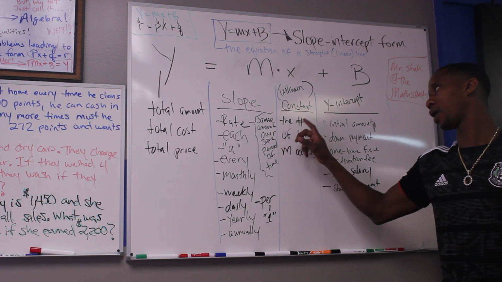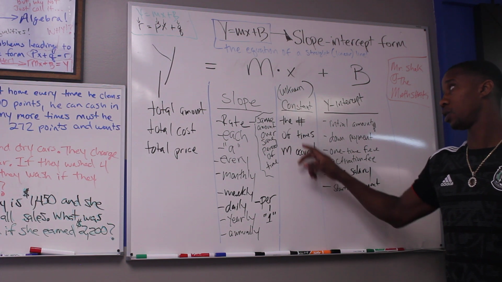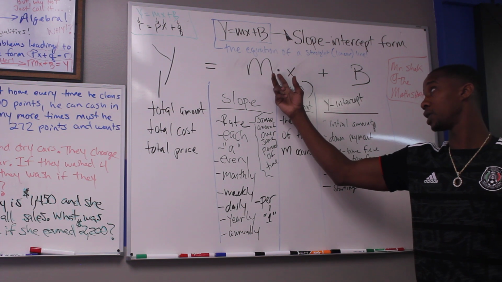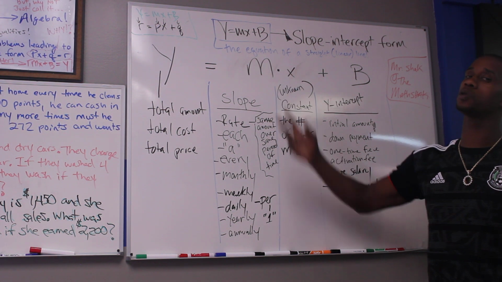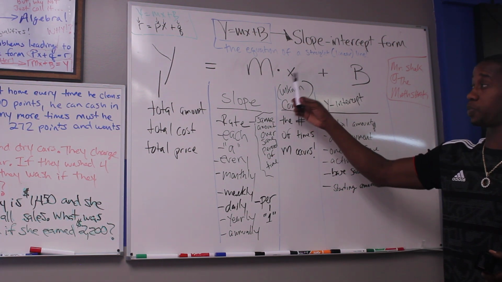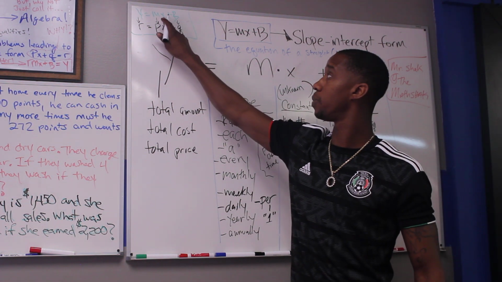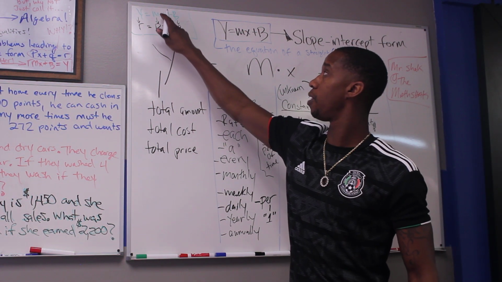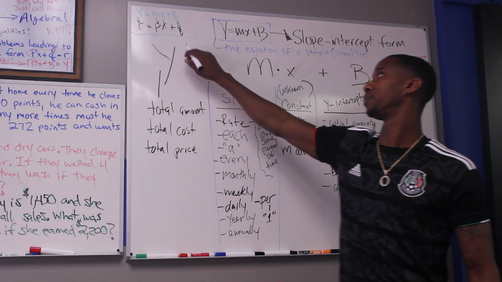I also want to point out x is simply the number of times m occurs, and that's why there's a multiplication. You won't see a multiplication sign in between these two variables at any other time, because it's expected that you know that if I just write y equals mx plus b, this means that m is being multiplied by x.